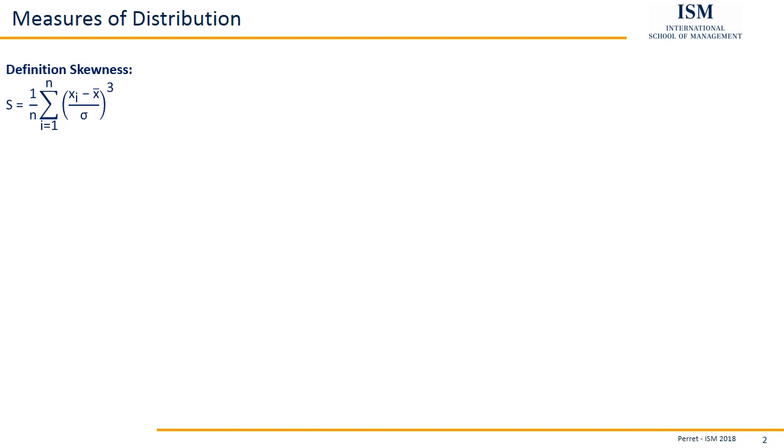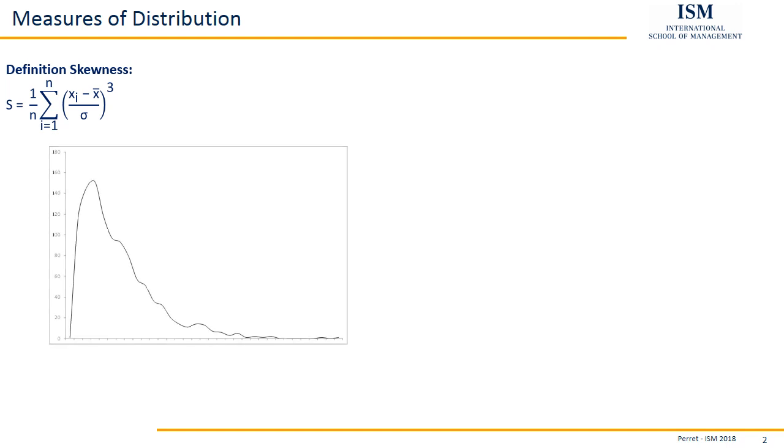Okay, what are we going to use the skewness for? And for this we can take a look at two exemplary distributions. The first one looks like this. Here we see a lot of our observations are relatively small. So we have a lot of small values and only very few relatively high values.